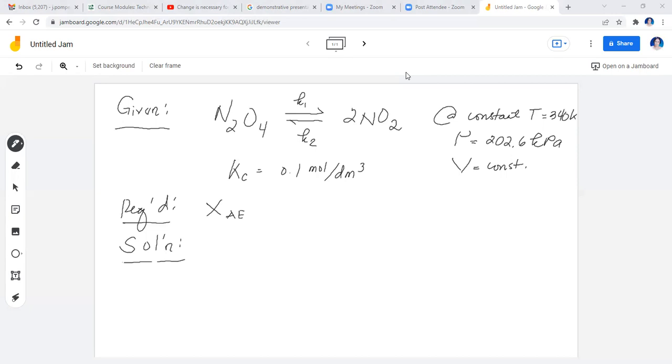I'm thankful that I have one here in the inbox. Rate equation, miss. Okay, I will write the rate equation. Will that help, because I need the equilibrium conversion? I will find the concentration.